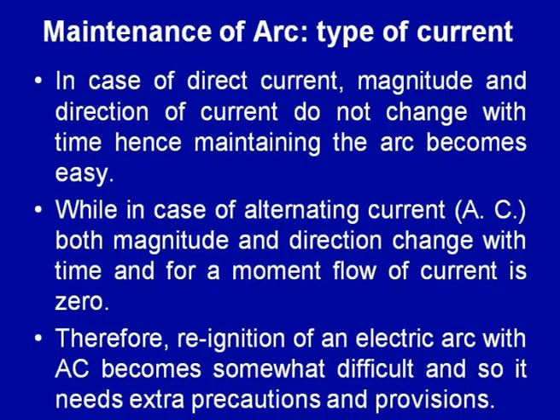If we compare DC and AC in terms of arc maintenance, it is easier to maintain the arc with direct current, because the magnitude and the direction of the current do not change with time, and hence the current continues to flow smoothly from the electrode to the workpiece, or from the workpiece towards the electrode, depending upon the polarity.